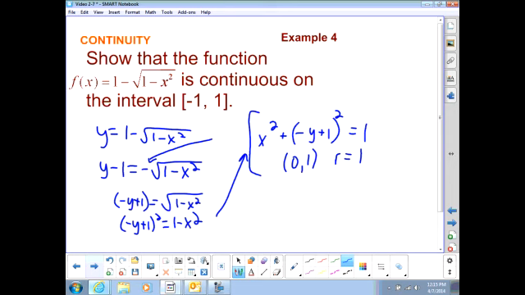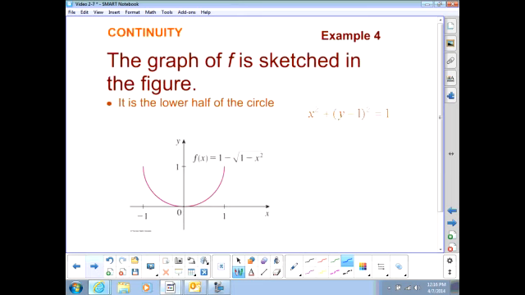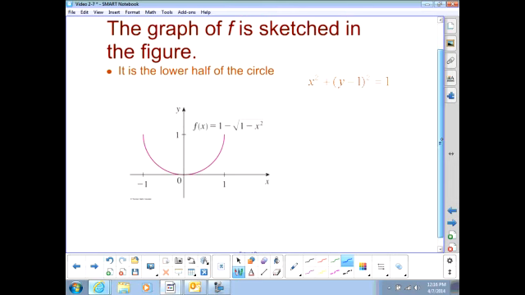Sometimes it's tricky to see that here. It might be easier to think of it back in the original. The square root of 1 minus x squared, that being negative, is the bottom half of the circle. And then the 1 shifts everything up 1. So our picture kind of looks like this here. It's the bottom half of basically a unit circle shifted up 1.